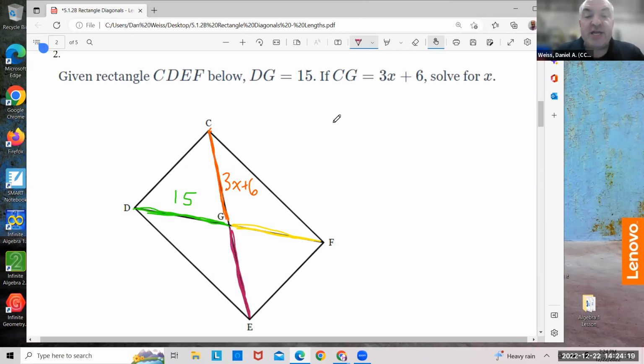So FG and EG are equal. And guess what? All four of them are equal. The orange, the green, the purple, the yellow, they're all equal.